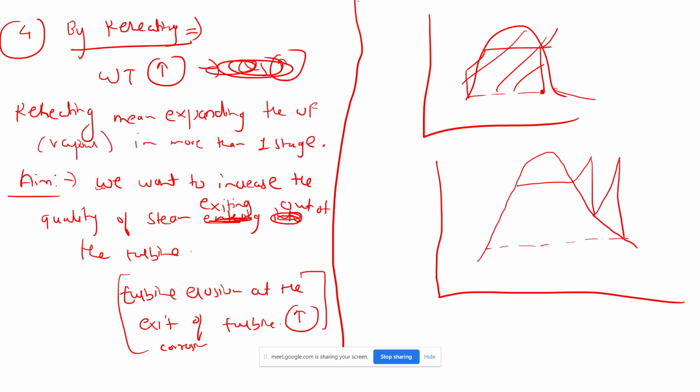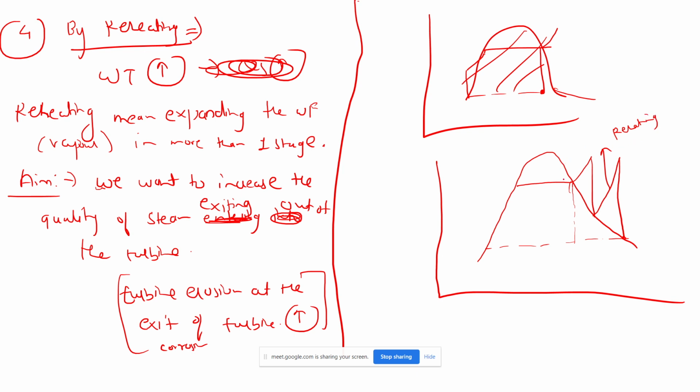Now the quality is improved. I have just written this in a generalized way. Previously it was like this. After reheating, this is also reheating, actually this is reheating only.